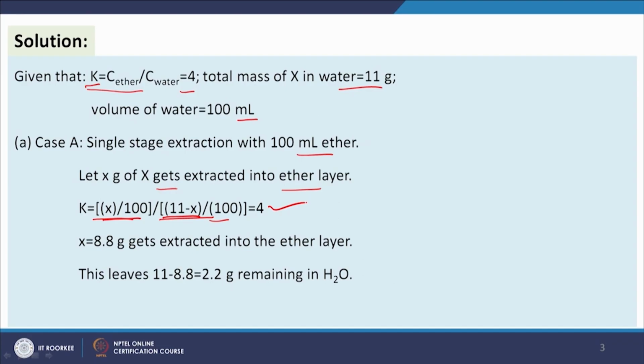By solving this expression for x, we get 8.8 gram. So, 8.8 gram of X gets extracted into the ether layer. How much is present in the aqueous phase? That is 11 minus 8.8, equal to 2.2 gram remaining in the water.